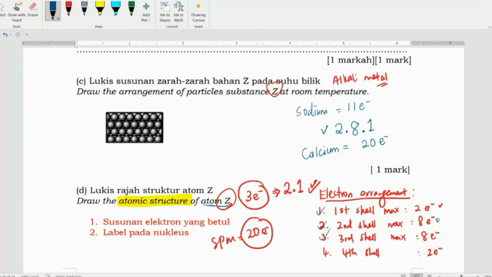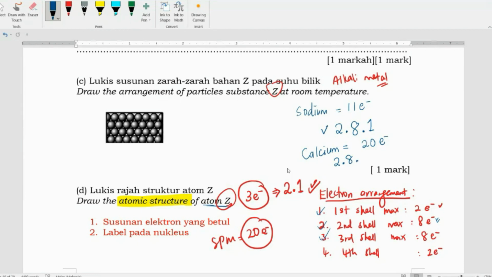Jonathan, try. 2.8.8.2. Okay, correct. 2.8, how many left?